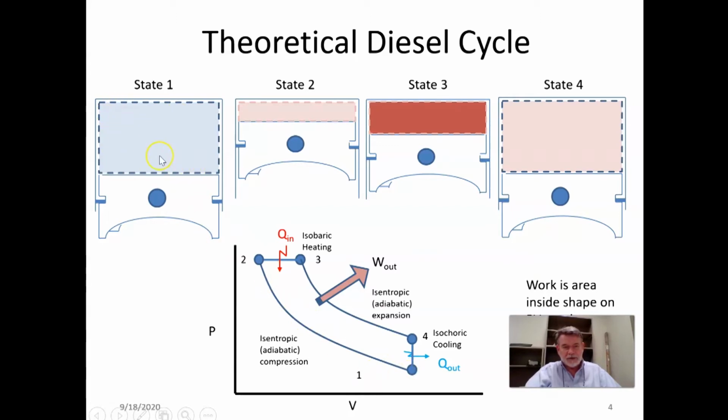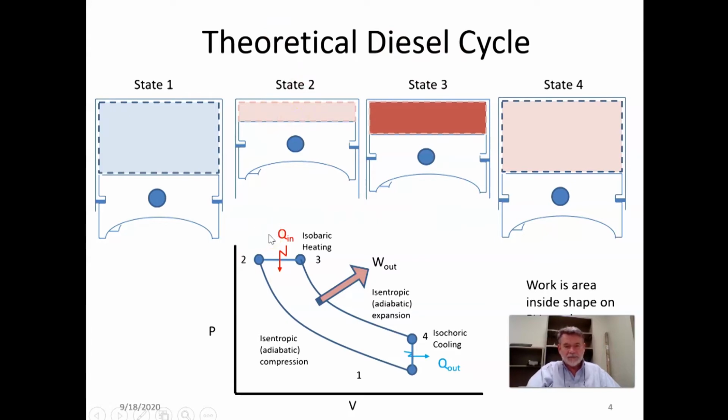You see you have air. That is maximum volume in the cylinder, full of air, and then you compress it, you go to 2, and state 2 is here. It's just as the air is fully compressed, so the volume is minimum here, at 2.